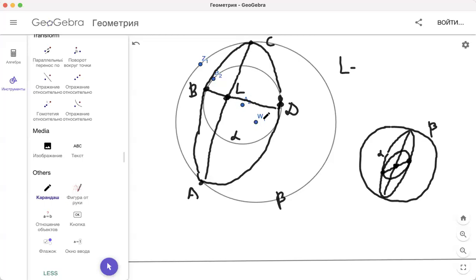And then I want to use the following geometrical property of a pencil of circles.